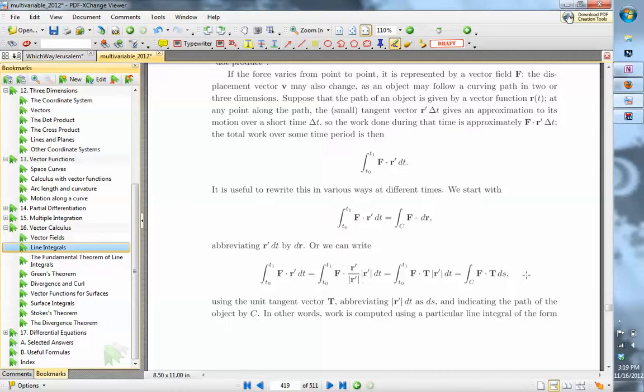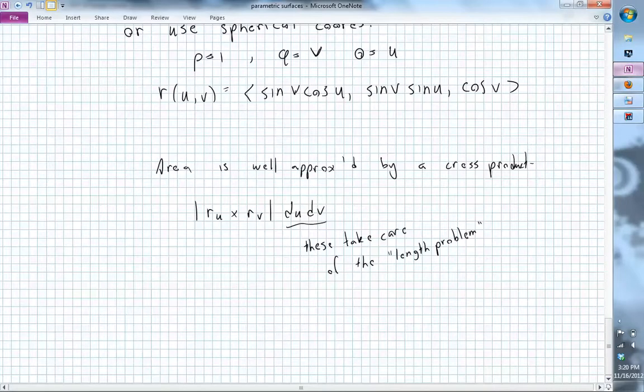And that turned into f dot T ds. That cancellation let us just write r prime dt. And that same kind of thing happens when you look at r sub v and r sub u. Each one of them is going to get their little length vector, and each one of them is going to cancel with the area element. And that's as far as I'm going to go with that right now. That's a very heuristic argument for why this is the right thing to study for a little patch of area.